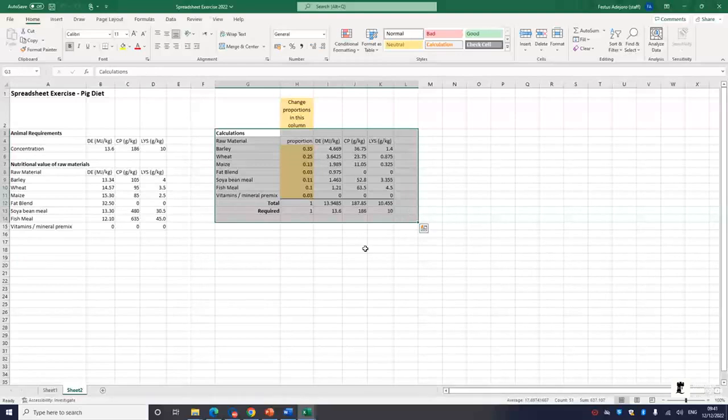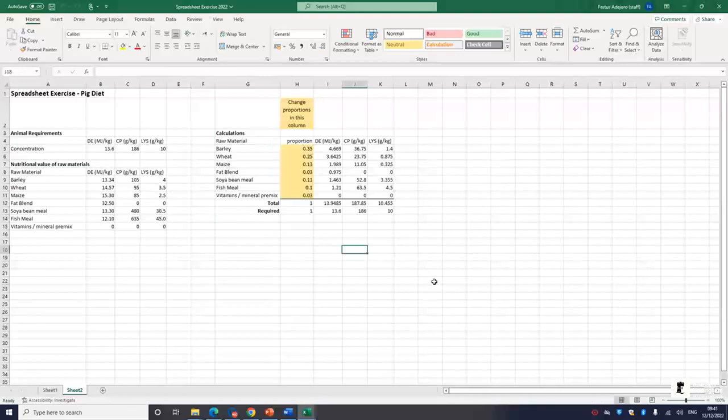For example, on this Excel sheet, I probably may want to have more visual interface. I want to see to what extent my diet has been able to meet the requirement. So for example, I can introduce something like some simple calculations. I want to have it in percentage.